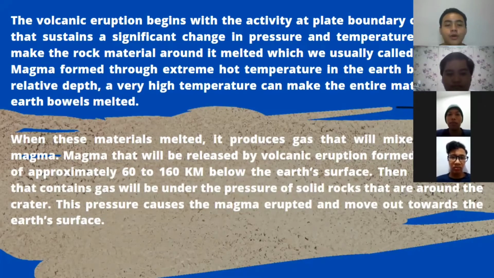Magma that will be released by volcanic eruption is formed at a depth of approximately 60 to 160 kilometers below the Earth's surface. Then the magma, the contained gas, will be under the pressure of solid rock that is around the crater. This pressure causes the magma to erupt and move out toward the Earth's surface.